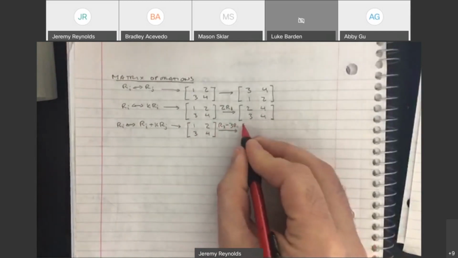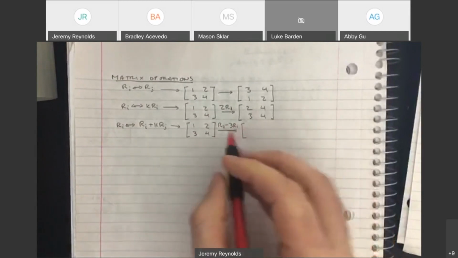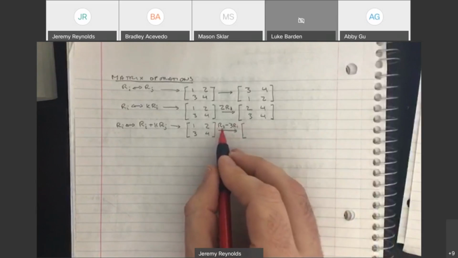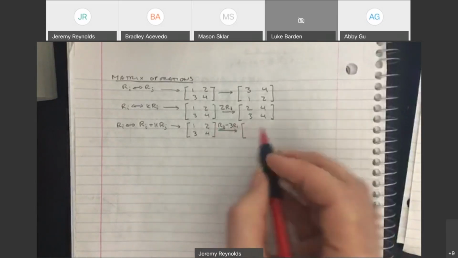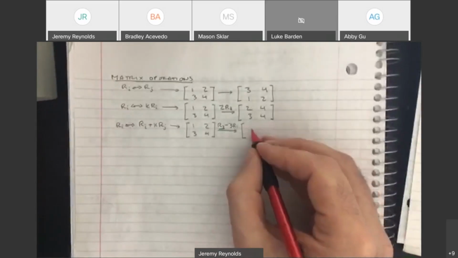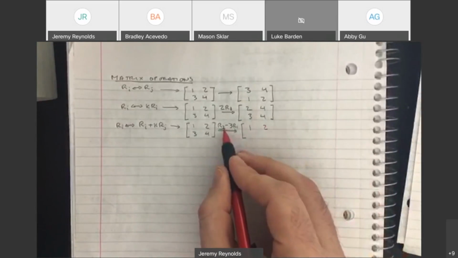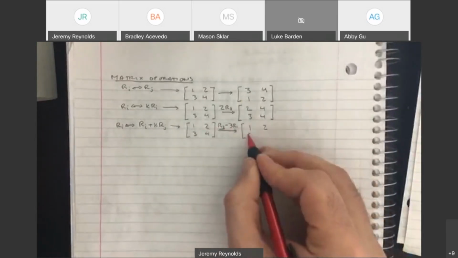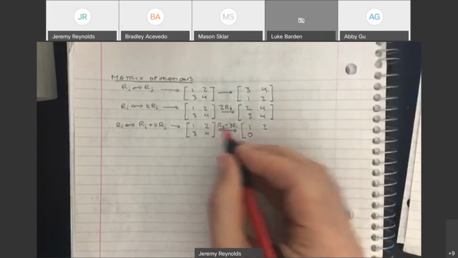What does that do? When I write this, I'm going to write it shorthand. But what I mean here is always that row 2, the first thing I write, is being replaced with row 2 minus 3 row 1. So R1 is going to stay the same. And row 2 is going to be minus 3 times row 1. So 3 minus 3 times 1 is 0. 4 minus 3 times 2 is 4 minus 6, which is negative 2.